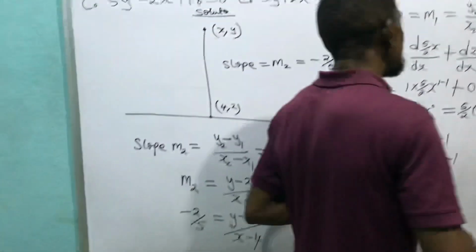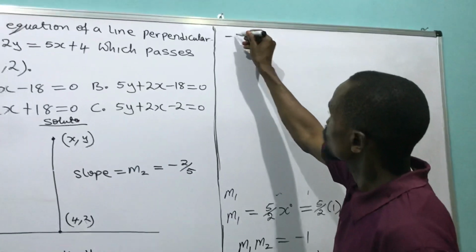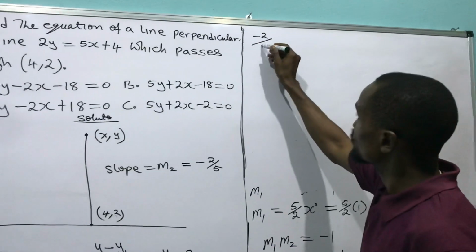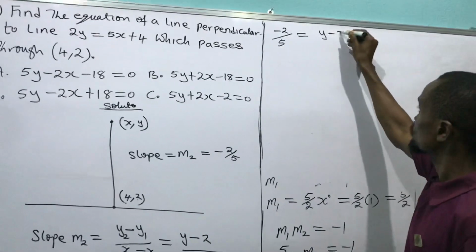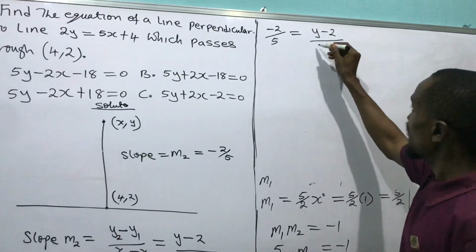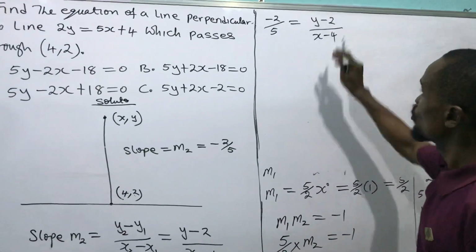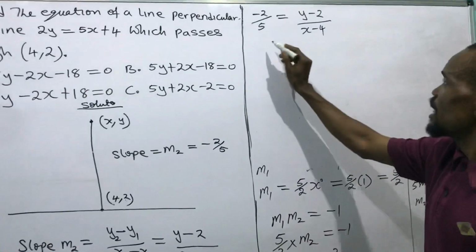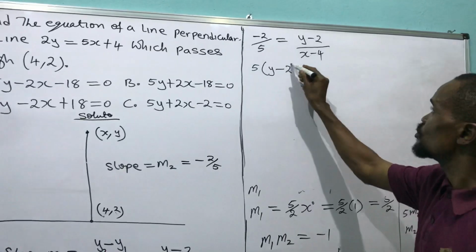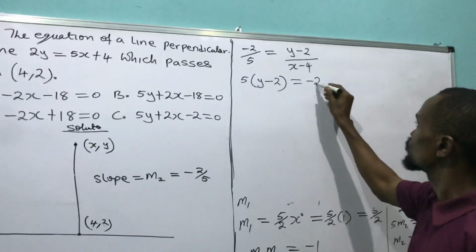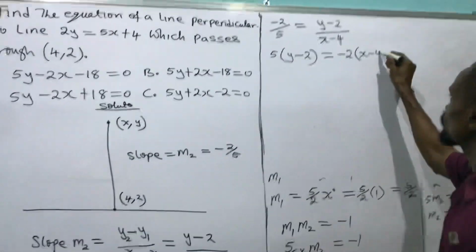Minus 2 all over 5 is equal to y minus 2 all over x minus 4. Cross multiplication, I can now say that 5 into y minus 2 equals minus 2 into x minus 4.